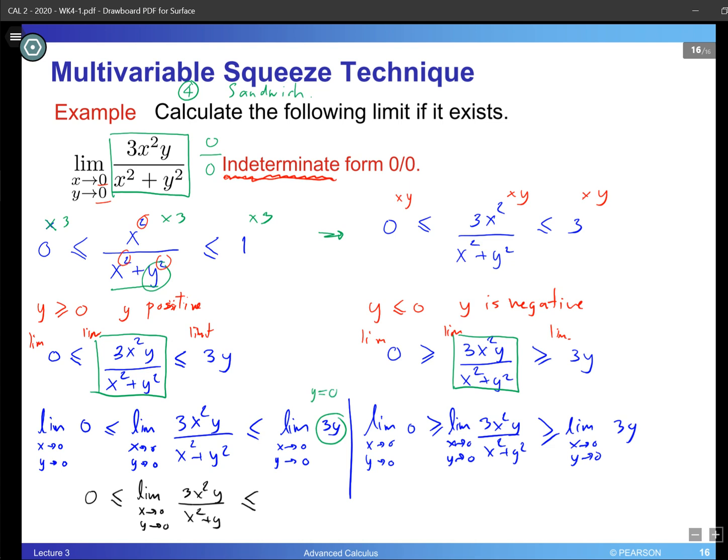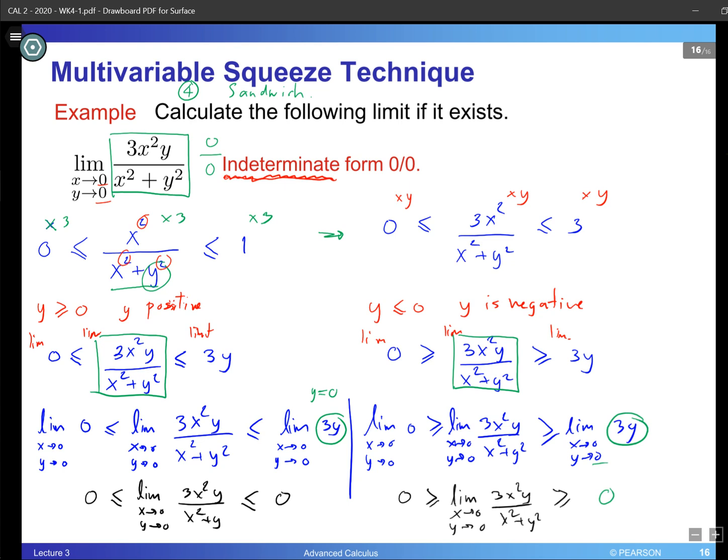Y equal to 0 means that this right hand side is going to be equal to 0. Alright, so on the other side we have the same thing. Here this one is going to be 0, and in the middle we leave it the way it was. We have this same greater than or equal to the limit as x goes to 0 and y goes to 0 of 3x squared y divided by x squared plus y squared, greater than or equal to. Now this one, 3y when y goes to 0, of course we have 0.